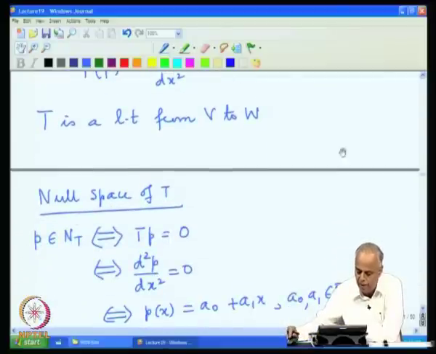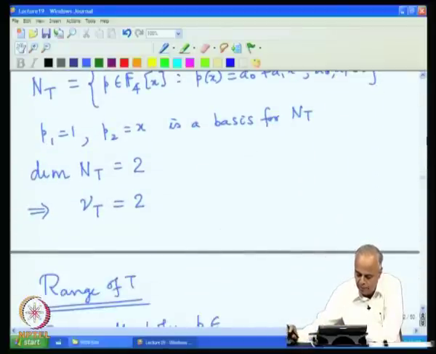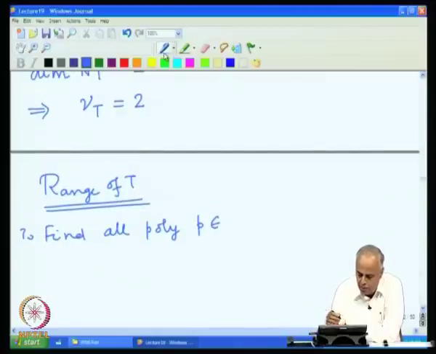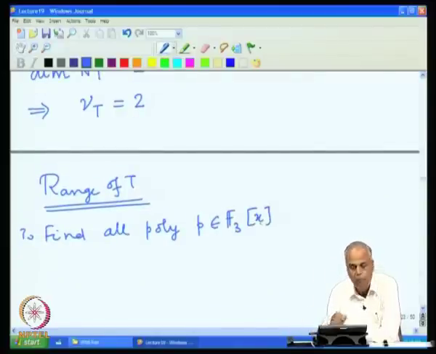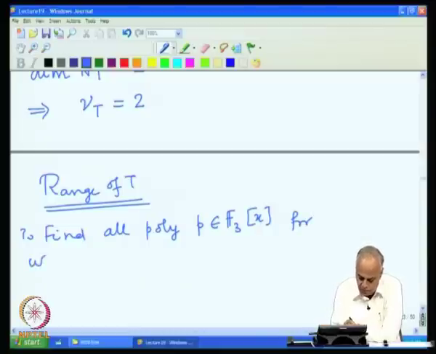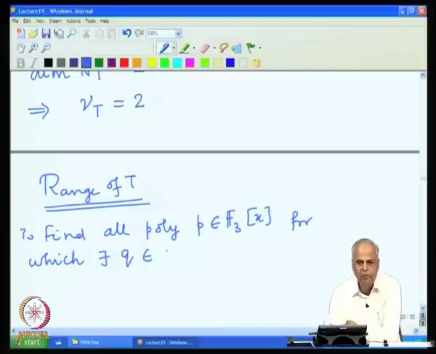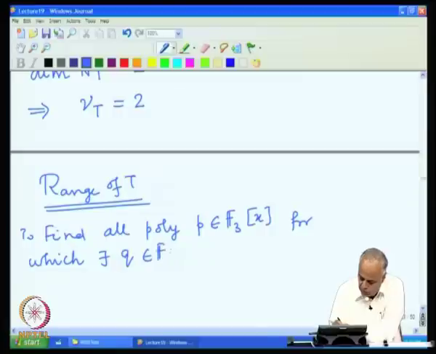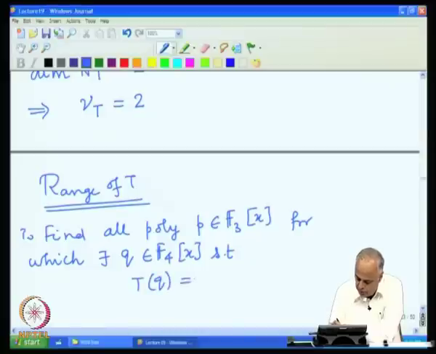So, we want to find all those polynomials in F3x, that means polynomials of degree less than or equal to 3, for which there is a pre-image, for which there exists a Q. The pre-image must be from V, which is F4x in our case. Therefore, Q belonging to F4x such that TQ is equal to P.